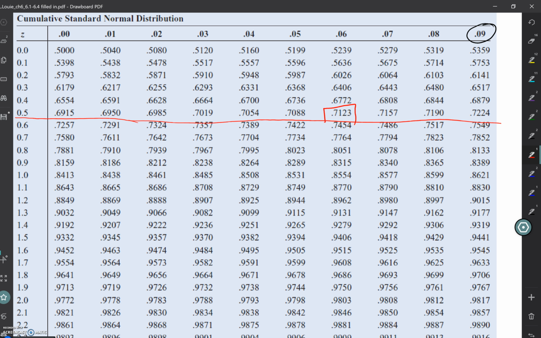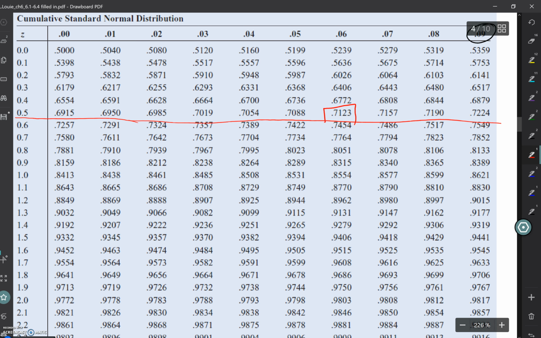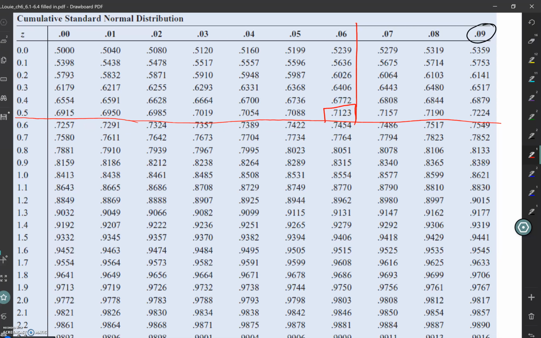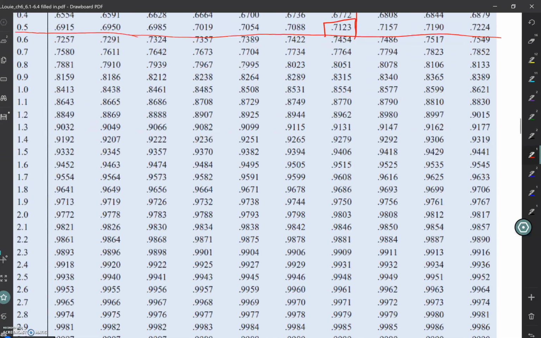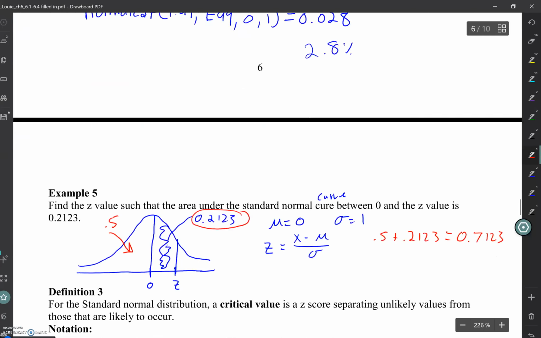So let's put our pieces back together. That puts me in this column where the last digit was a 0 or a 6. The first two digits are the 0.5. So what z-score is that? 0.56. So we're going to take that down.